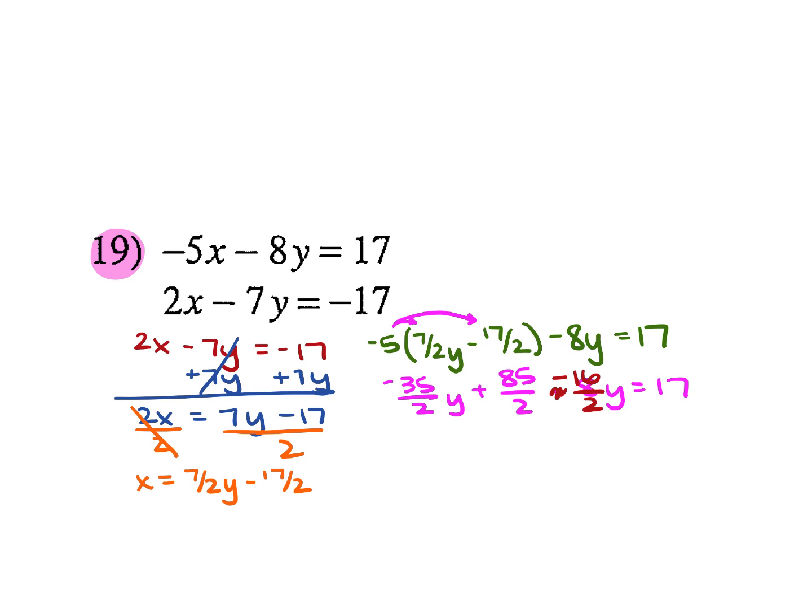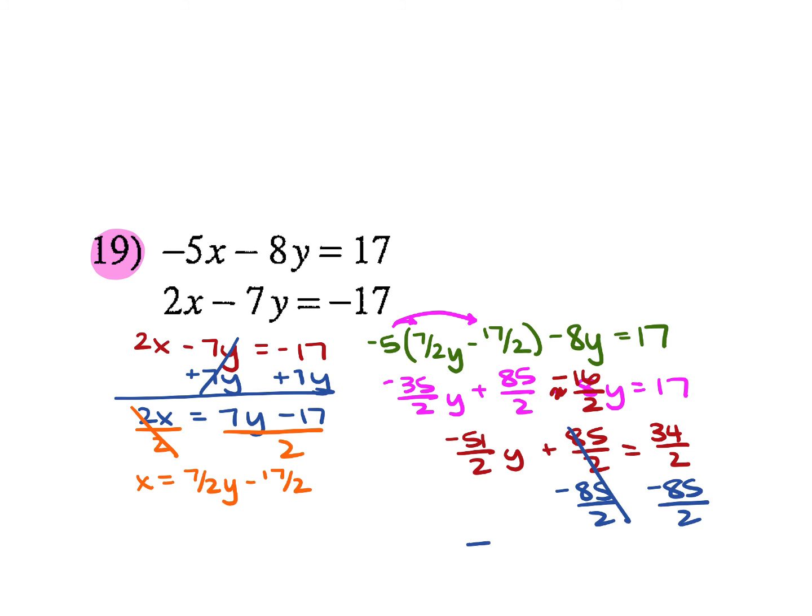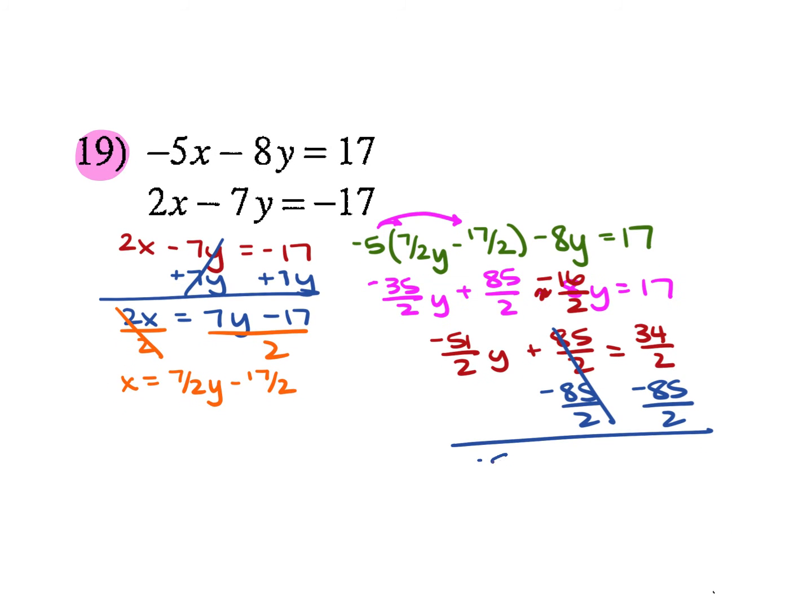It's going to give us a negative 51 over 2y plus 85 over 2 is equal to 17, which is 34 over 2. I'm going to subtract 85 over 2 from each side. These cancel. We have negative 51 over 2y is equal to 34 minus 85, which is negative 51 over 2.